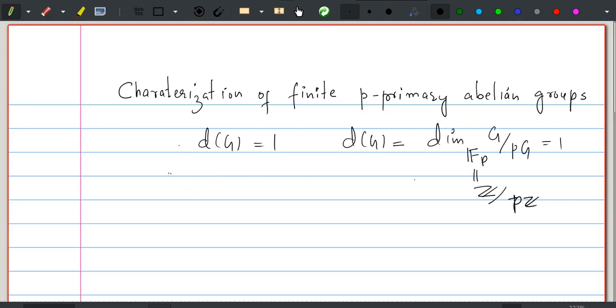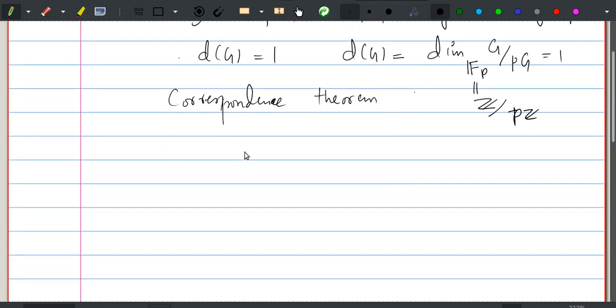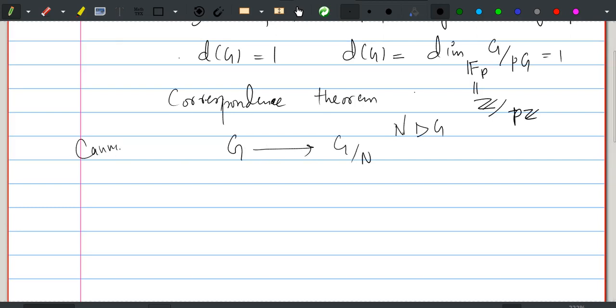let us recall the correspondence theorem. This theorem states that if G is any group and N is a normal subgroup of G, then we have this map from G to G mod N, the natural map or canonical map.